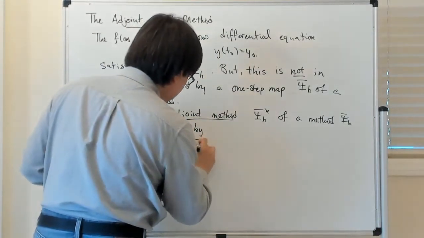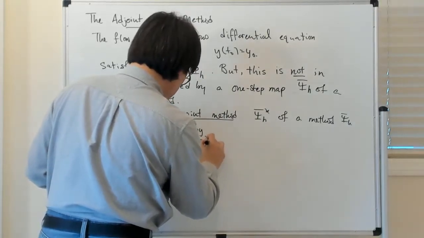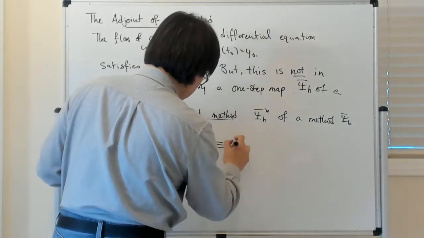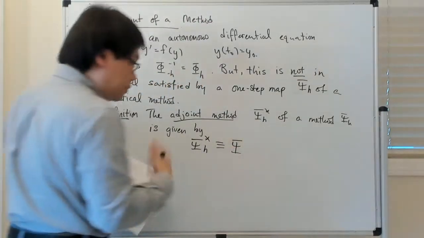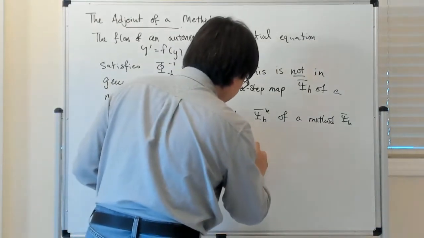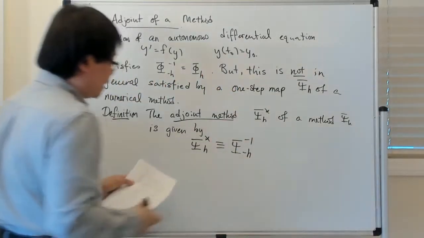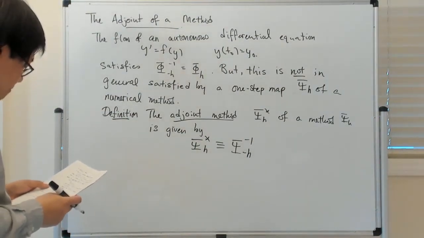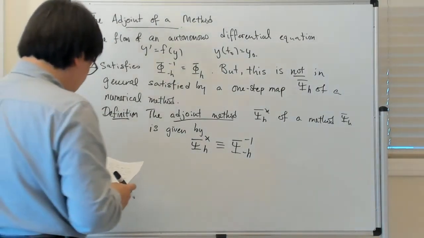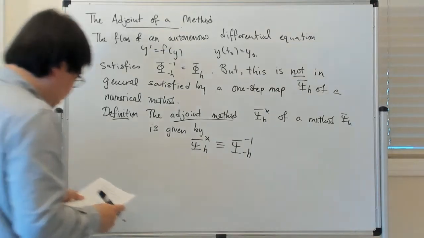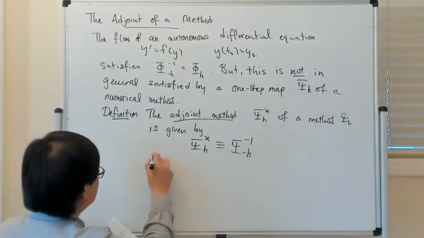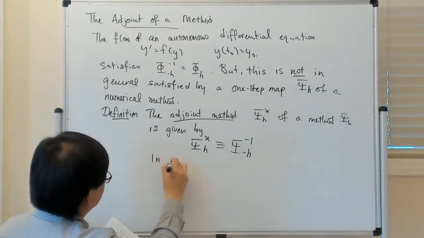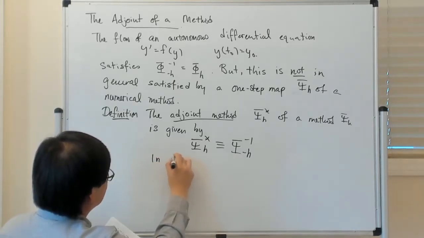Okay. So this is just defined to be the numerical one-step method with a negative time step and then the inverse of that map. Okay. So what does that mean? Let me put this in other words.